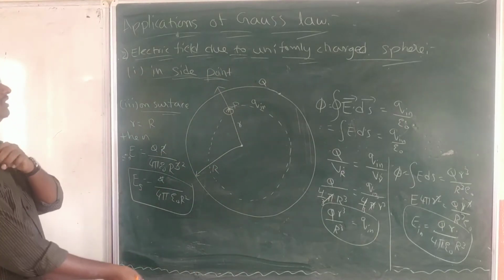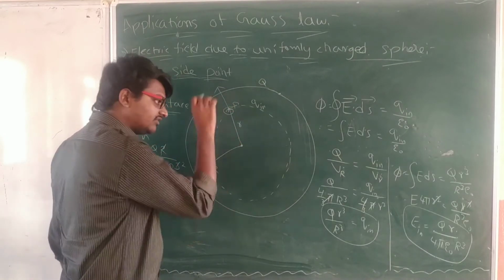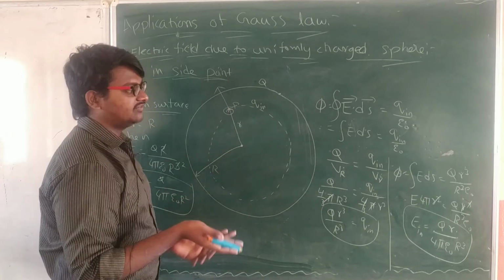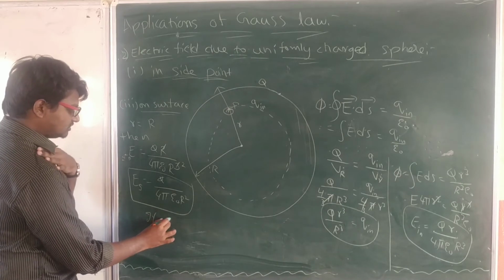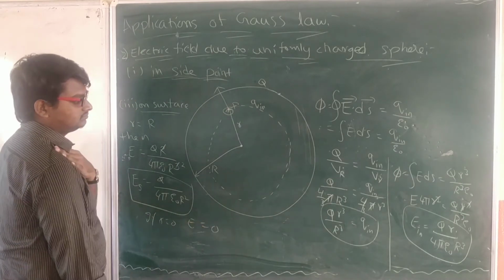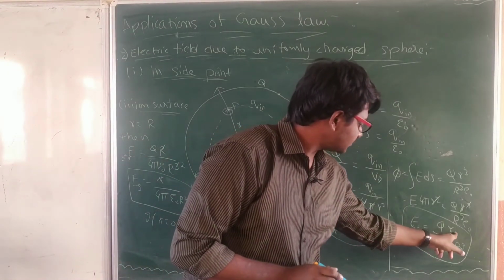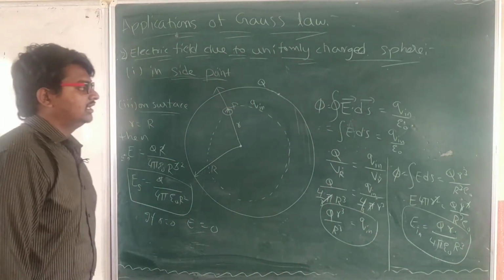For example, if you select the point P exactly at the center of the sphere, obviously r value is 0. If r is equal to 0, then electric field E is equal to 0, because you substitute r value 0 in the formula.